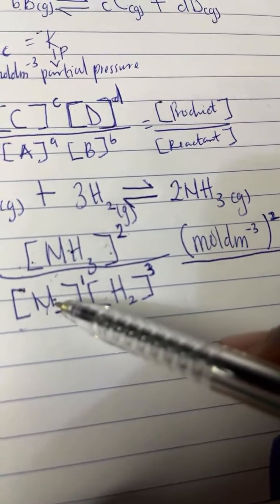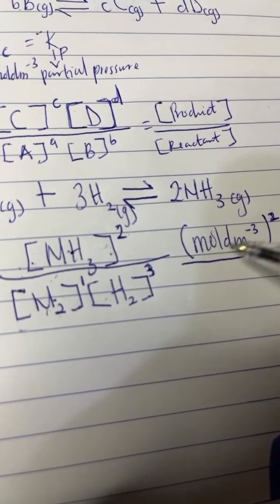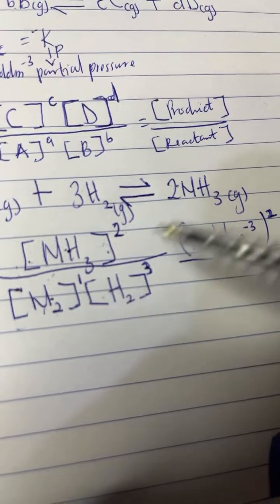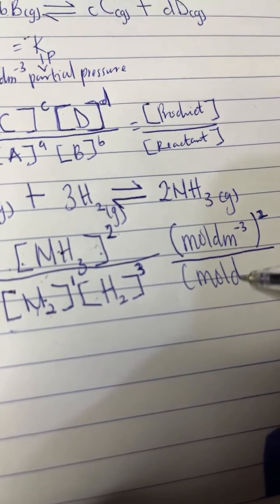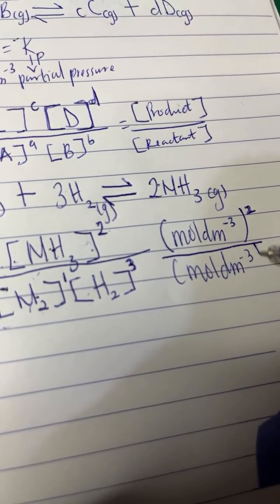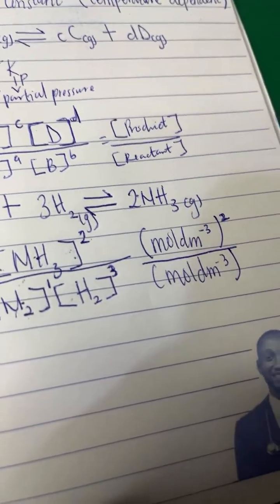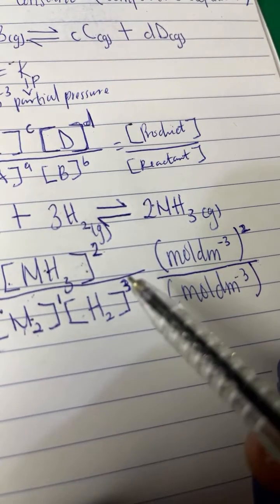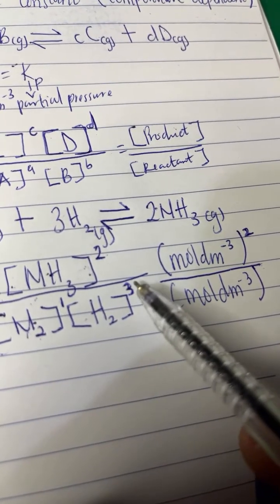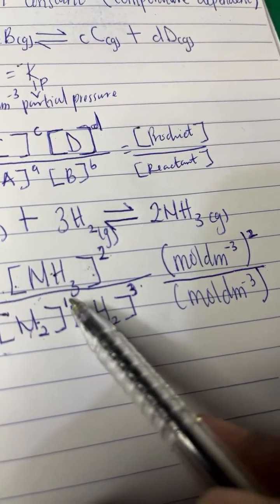We know that the unit of concentration normally is moles per dm cube. So let us write our moles per dm cube. You know we need to put a power to it. Here it has a power 3, and here it has a power 1.